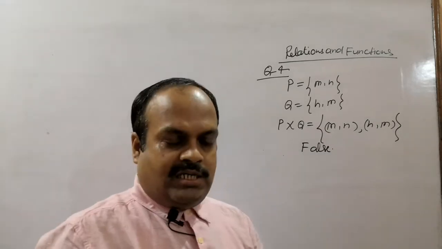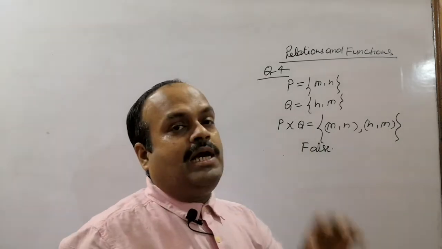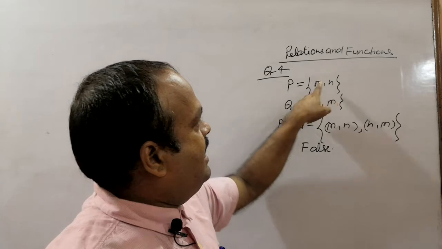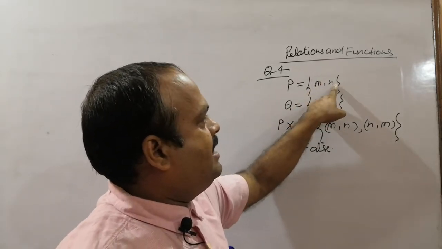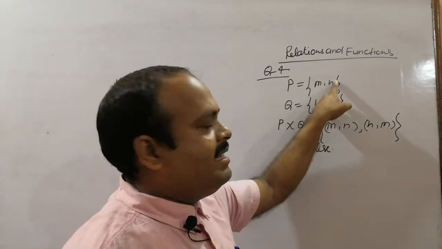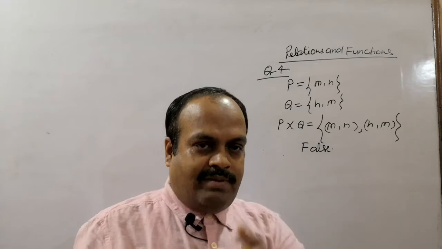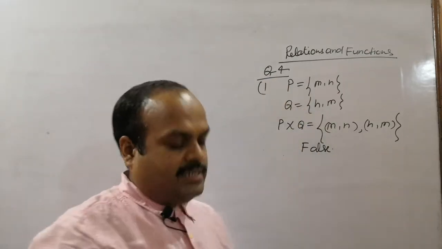No need to give the reason. I explain to you that P cross Q will have 4 elements, and these elements will be (m, n), (m, n), (n, n), (n, n), 4 elements. So the statement given in the first part is false.